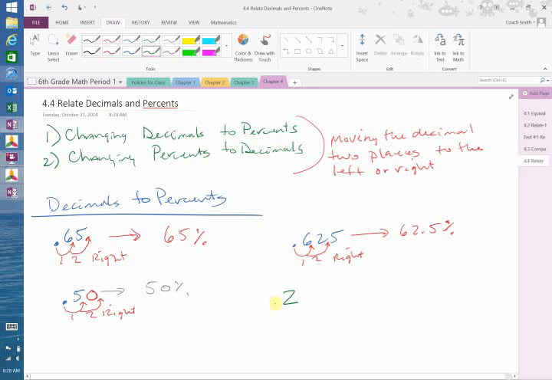Right, it would be right here. That's where the decimal is. Now I have to take that decimal and move it one place, two places to the right, and now I have to add 2 zeros, so that's going to give me 200%.